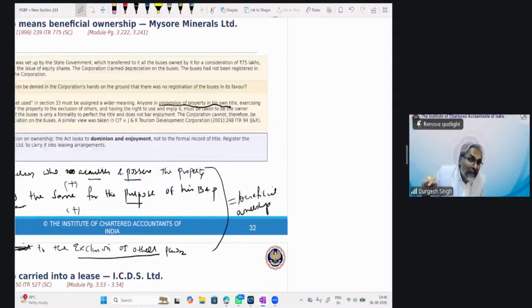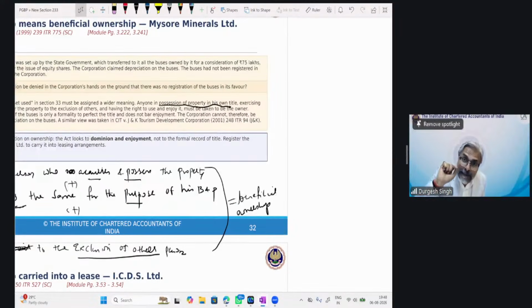Post-retirement, the partner was using the asset for the purpose of his business and profession. The question therefore came whether the partner will be eligible for depreciation in respect of that asset that he is using for the purpose of his business.